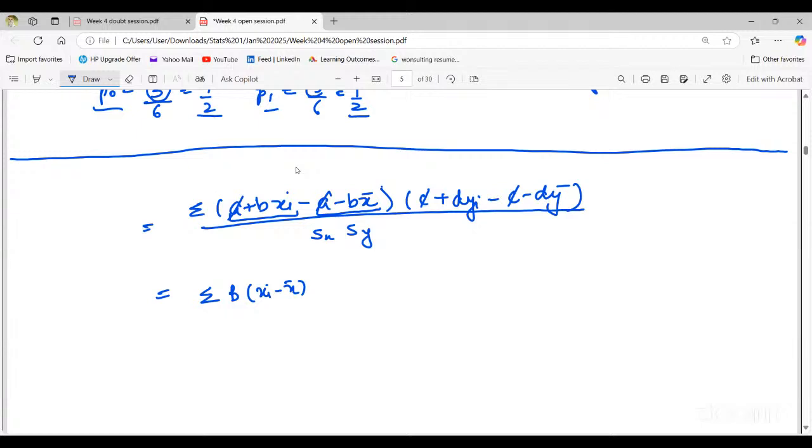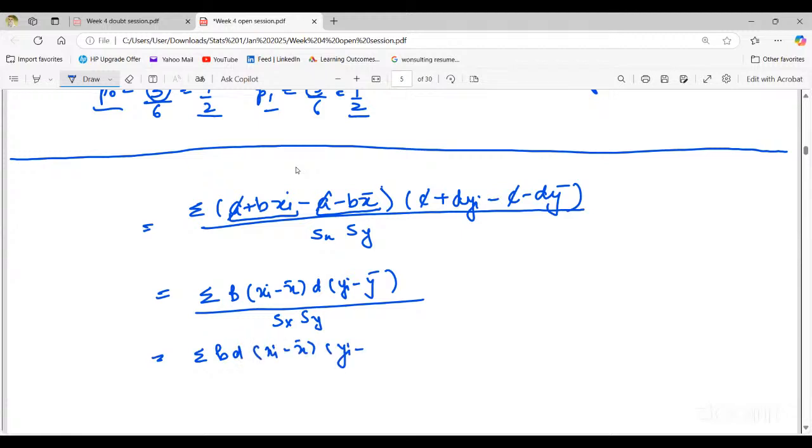And here d is common, so this would be d into yi minus y bar, divided by the standard deviation of x and the standard deviation of y. So this would be the summation of bd xi minus x bar yi minus y bar divided by the standard deviation of x and the standard deviation of y.